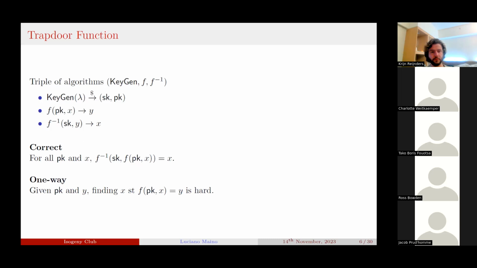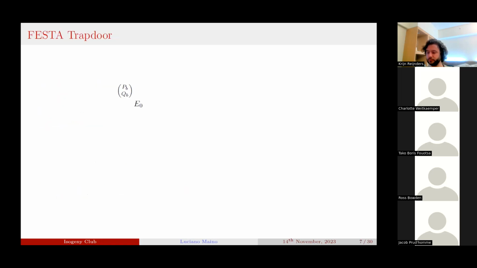So, this is a notation that I will use in the next slide, and I'm going to explain how to construct a trapdoor function and how we do that in FESTA. In FESTA, we have some parameters, some public information, some public setup, which is given by an elliptic curve E0.